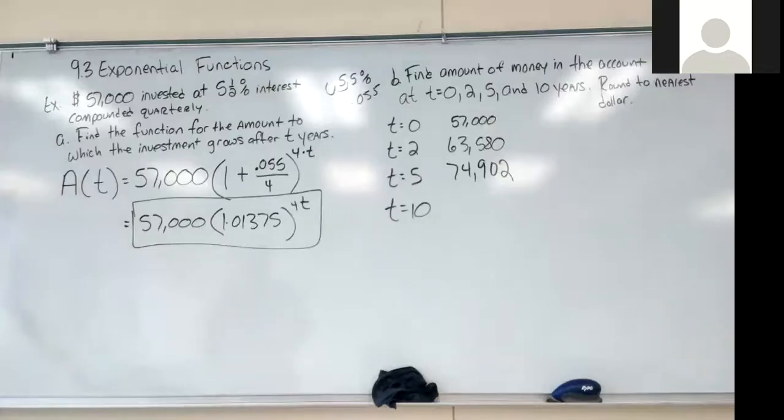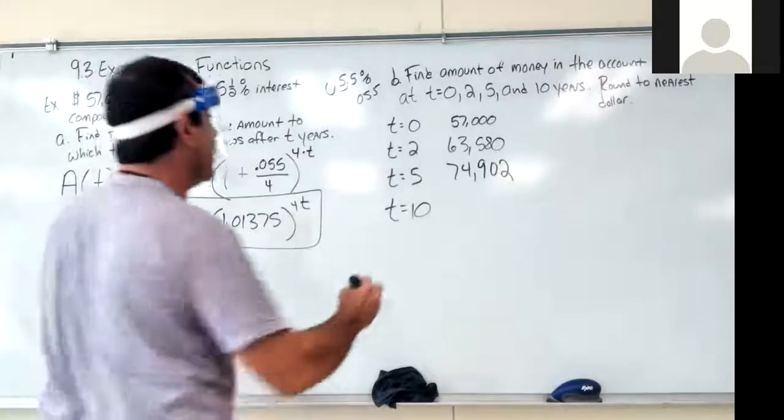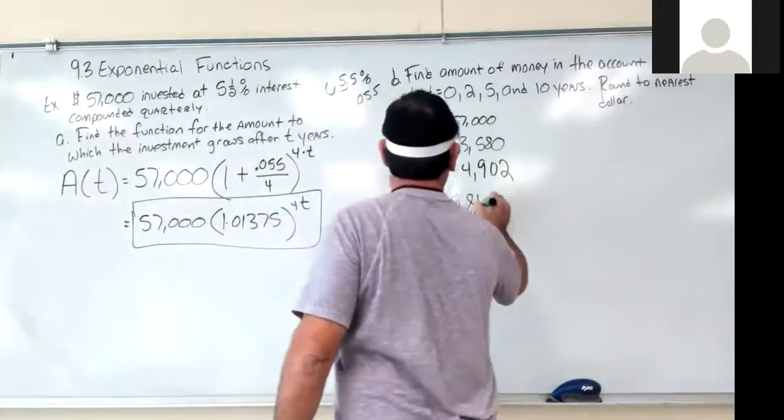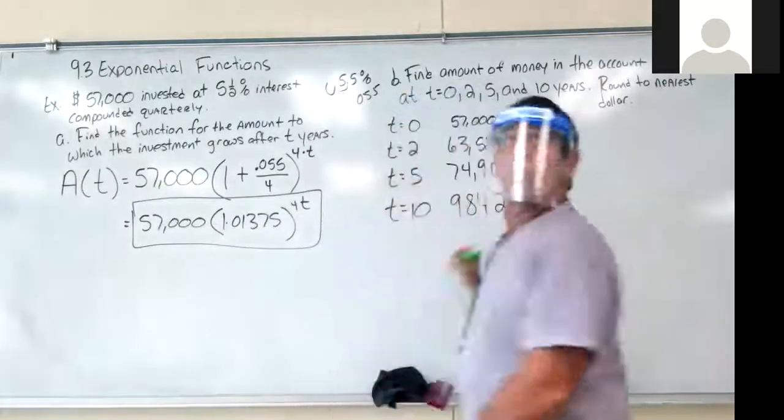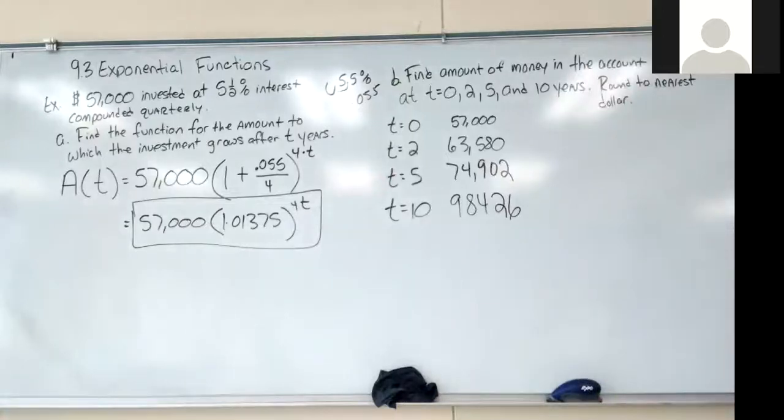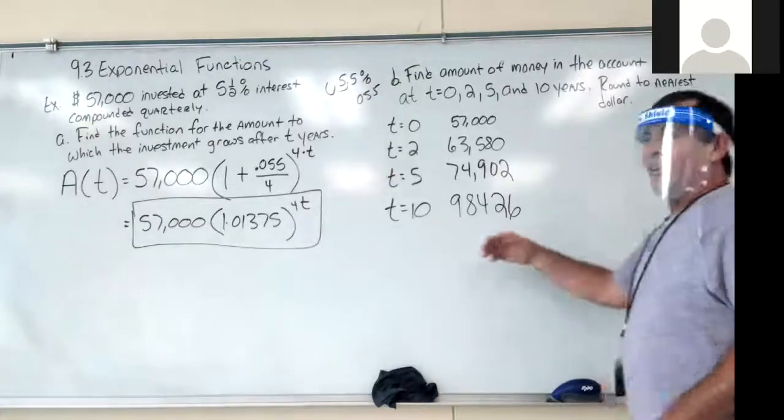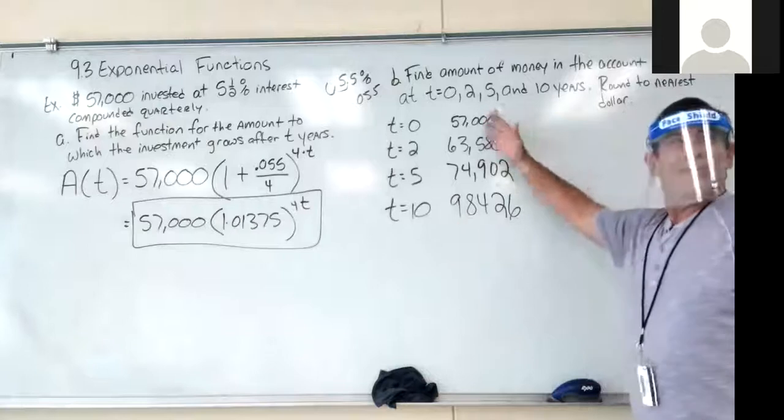So that'd be an exponent of 40 now. Well, let's see, that looks like that's going to round up from a 5 to a 6. So I'm getting 98,426. Okay. So now after 10 years, that's getting closer to doubling.